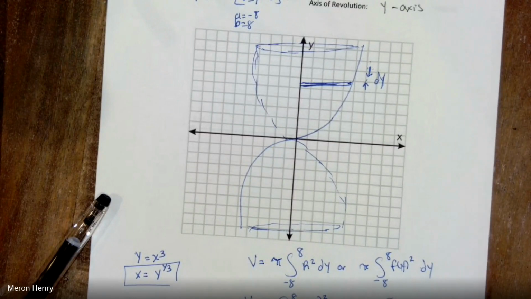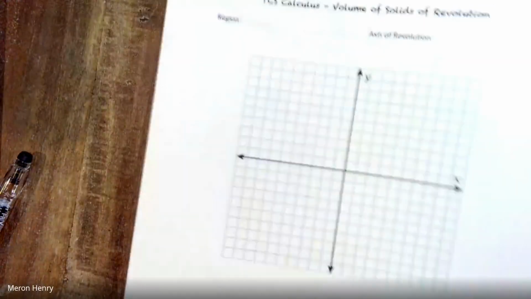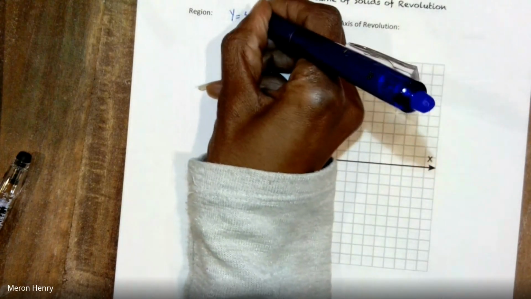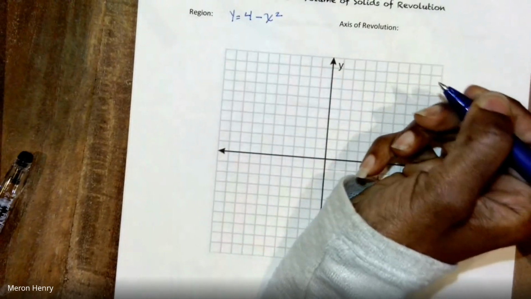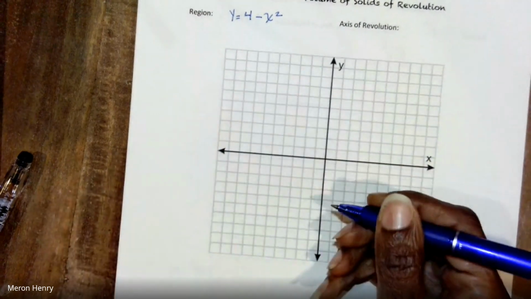All right. So let's do another one. Okay. Let's say we have y equals 4 minus x squared. And our region is from x equals 0. So let's draw this out first.